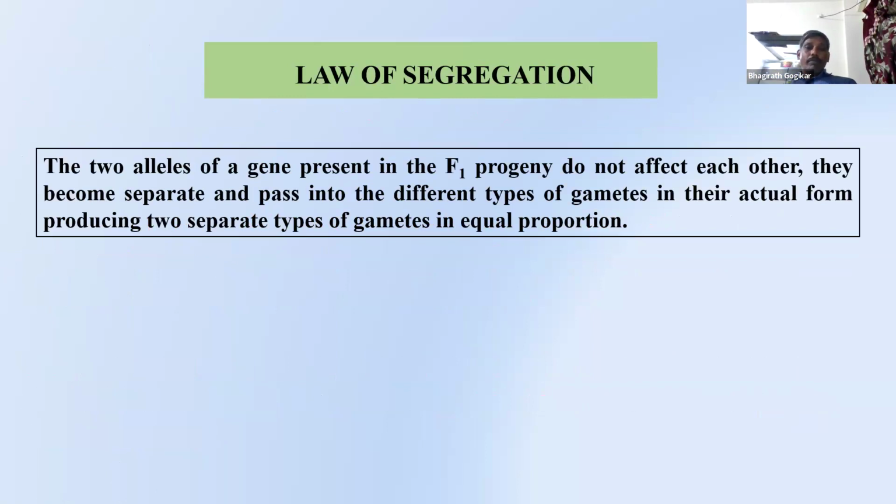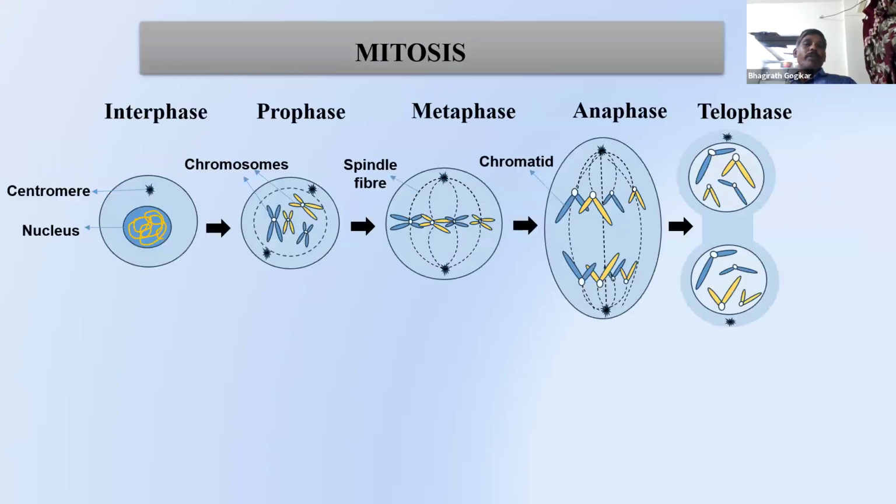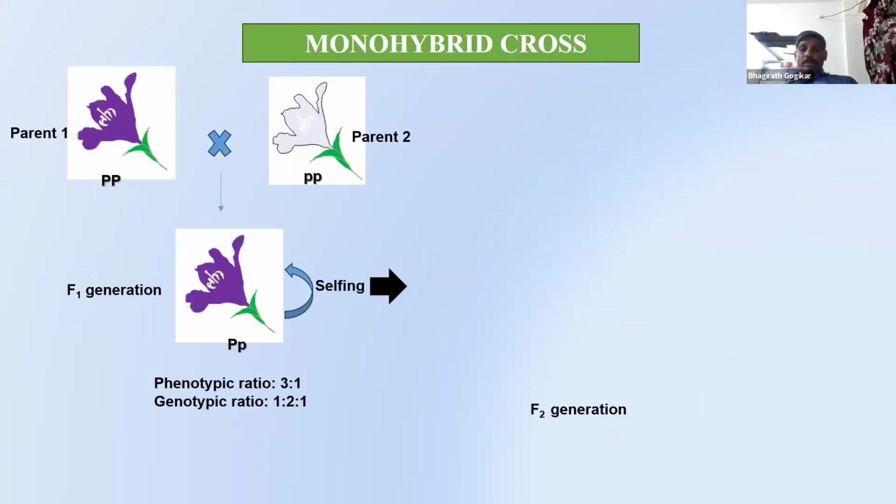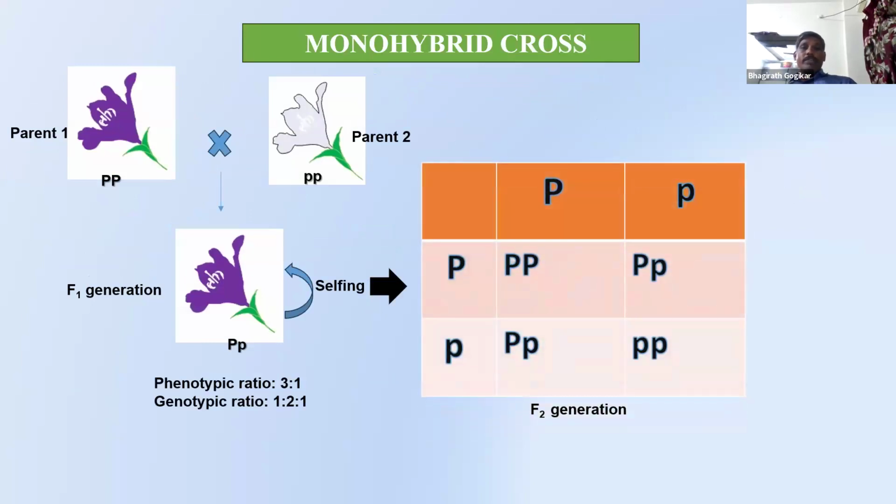They become separate and pass into the different types of gametes in their actual form, producing 2 separate types of gametes in equal proportion. So how can we explain this inheritance law? See here, this is the monohybrid experiment.